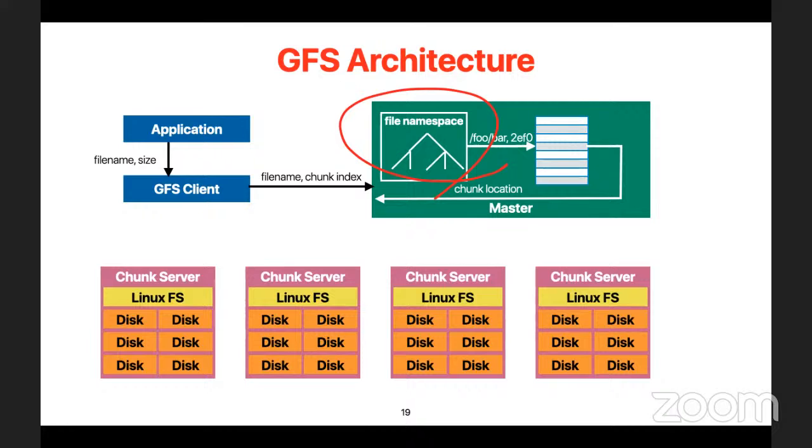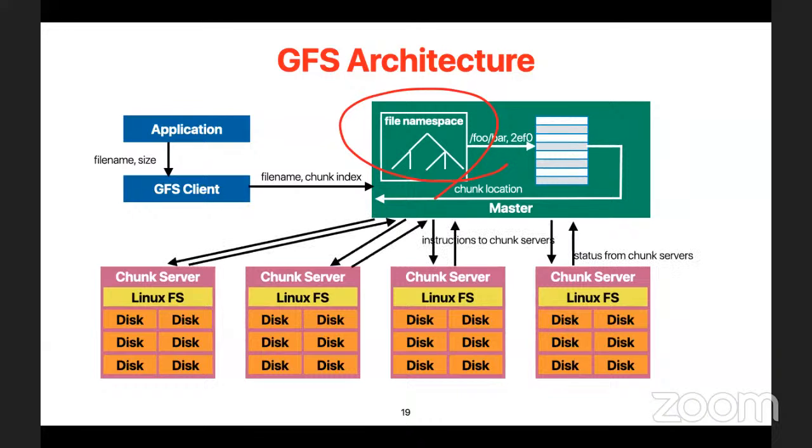Here I say chunk locations, which means, remember, each piece of data has 3 replicas. So the server would give the client 3 different locations to access.